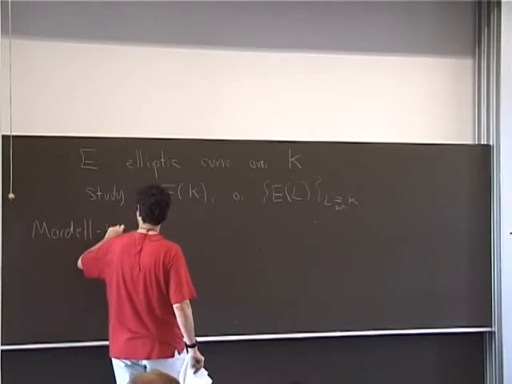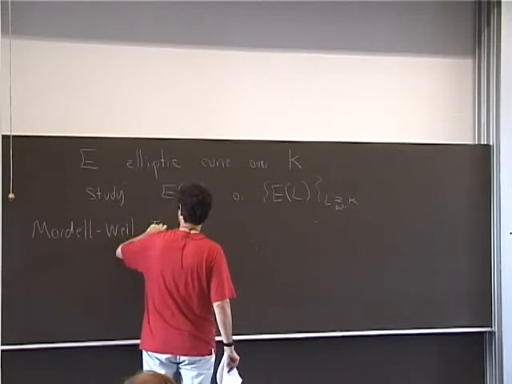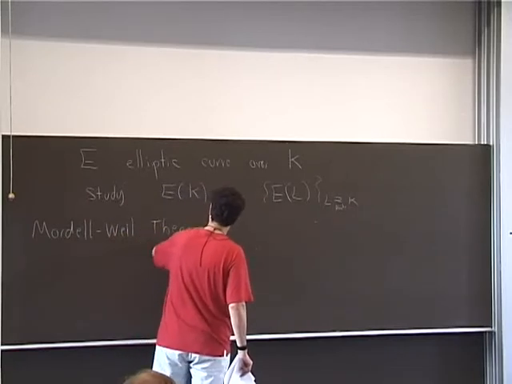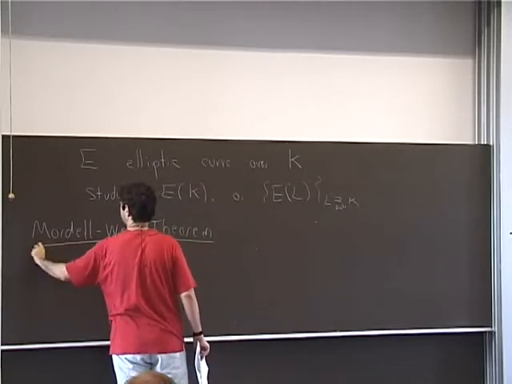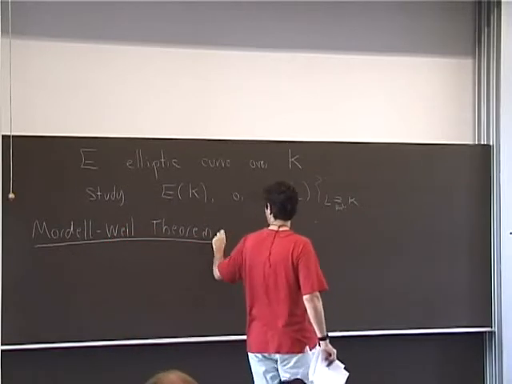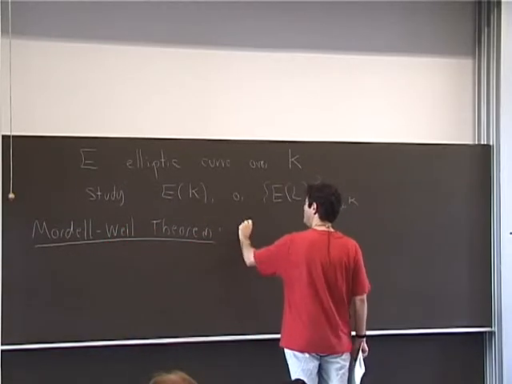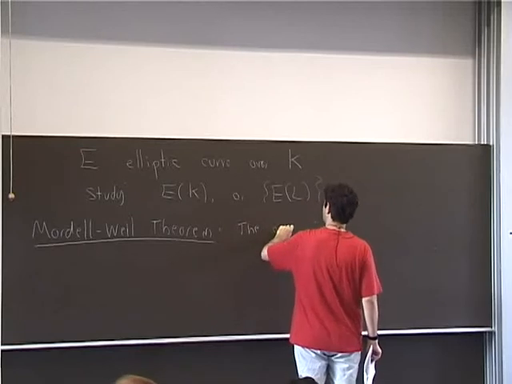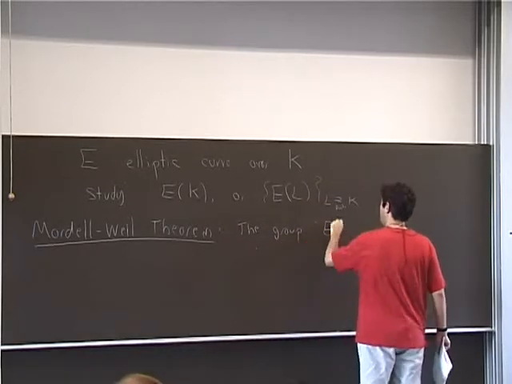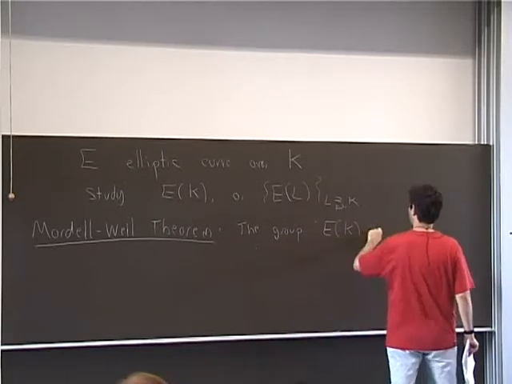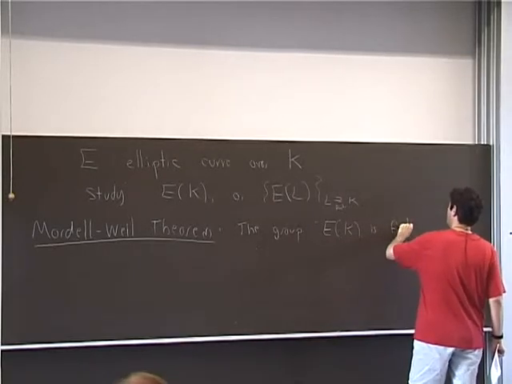Mordell-Weil theorem. The group E of K is a finitely generated abelian group.